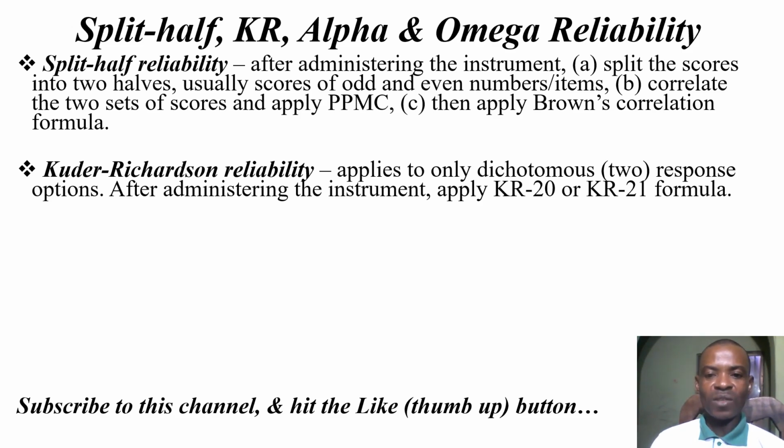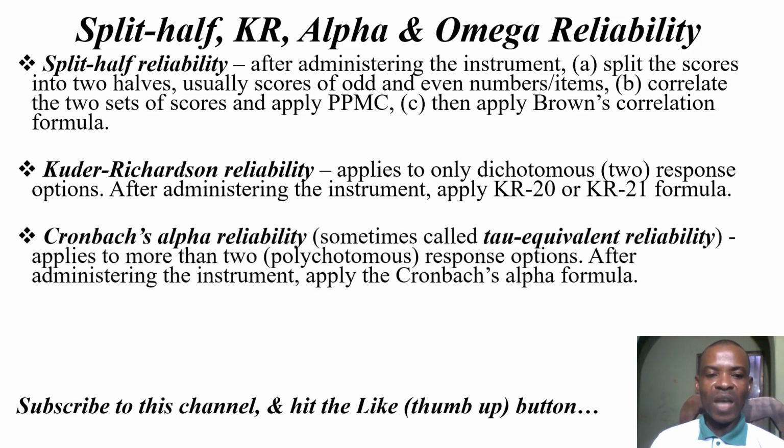One answer is right, others are wrong. They fall under this Kuder-Richardson reliability. Like I said earlier, Kuder-Richardson reliability has two types, the KR20 or KR21 formula. KR21 is just a simplified form of the KR20 formula. So, having administered the instrument, apply the KR20 or KR21 as it suits you in your research.